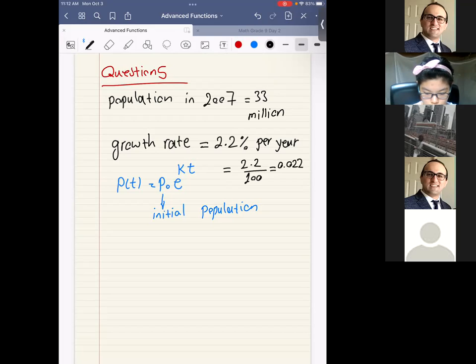Okay, so by this information, we know that P of t plus 1 is equal to P of t plus 0.022 P of t. Does it make sense?